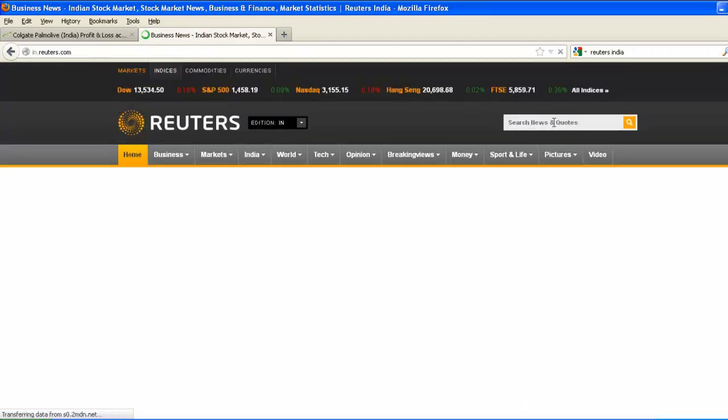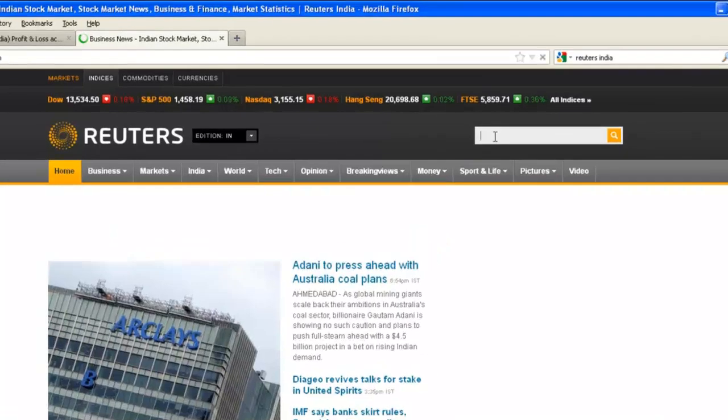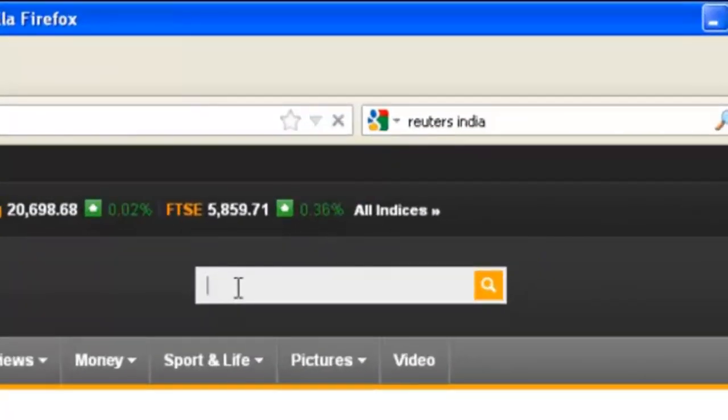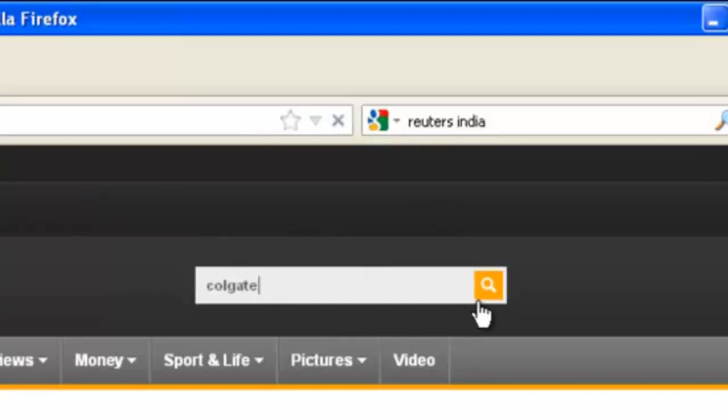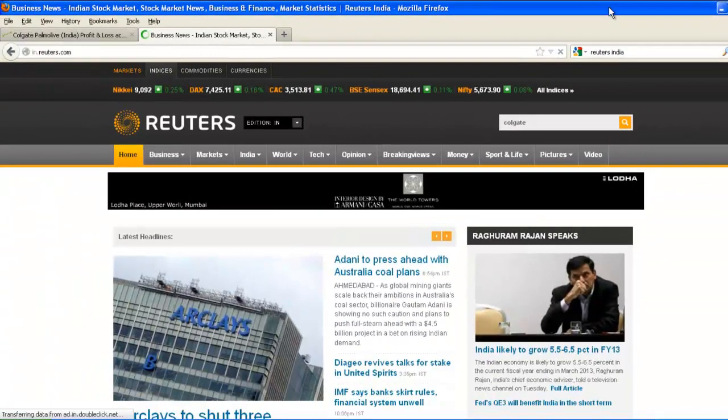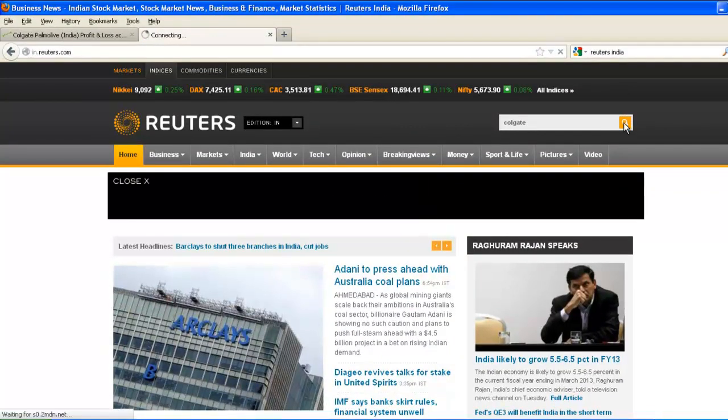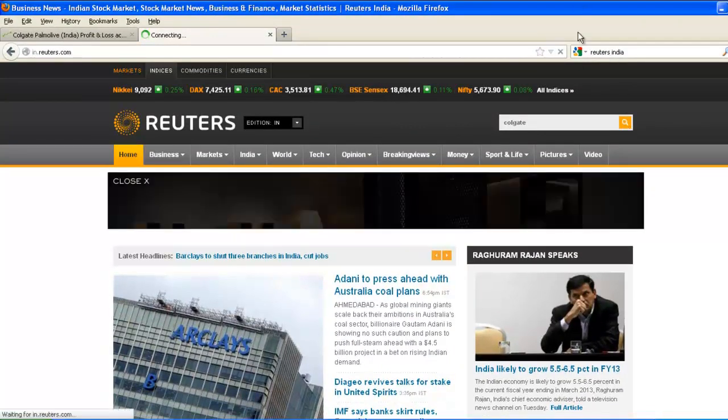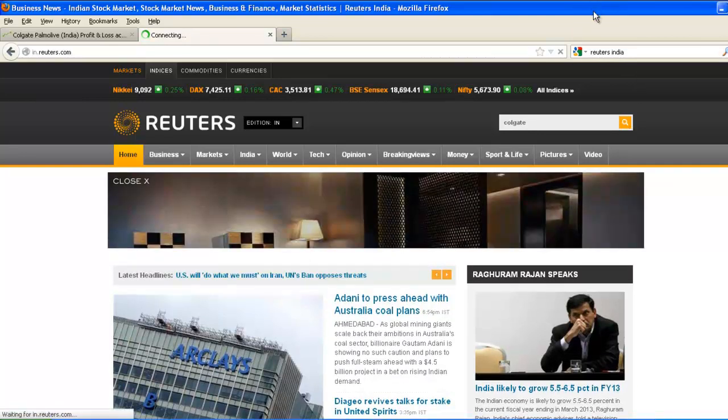Okay, so search news and quotes, go to this text box and put your company's name, that is Colgate. Click on Colgate and this search box.